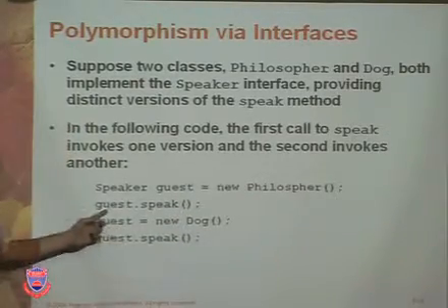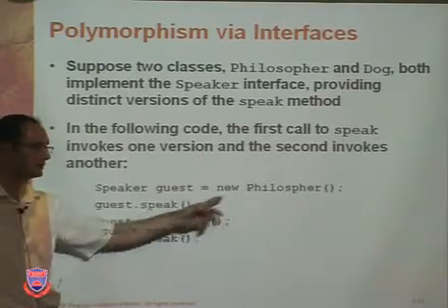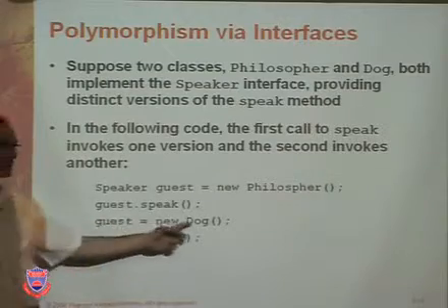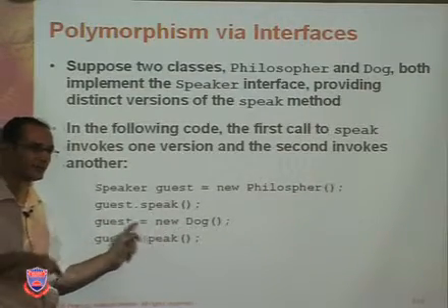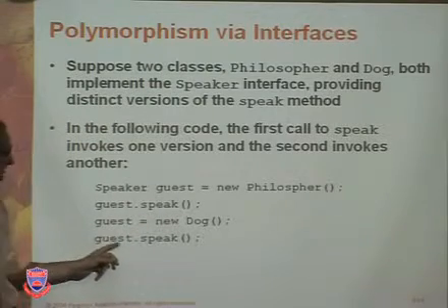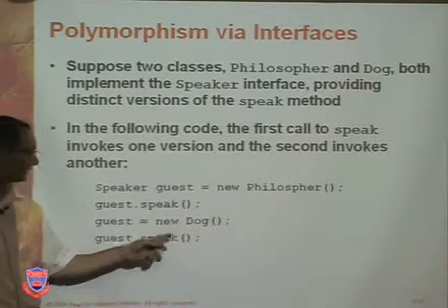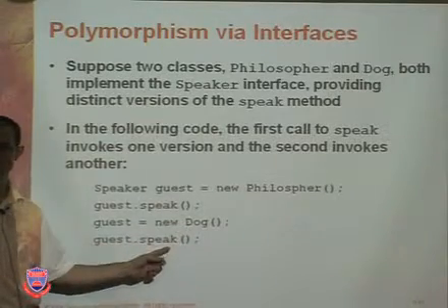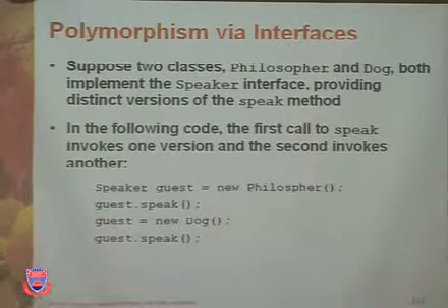And then if I say guest.speak, it's going to call the Philosopher's speak method. And then when I say guest = new Dog, it is going to create a Dog object and assign my guest variable to point to that reference. And whenever I say guest.speak, it is going to call the most recent object, which is the Dog's speak method. Okay?